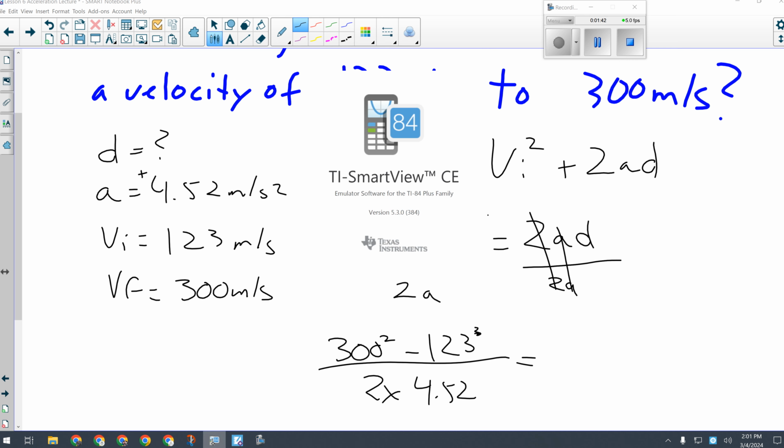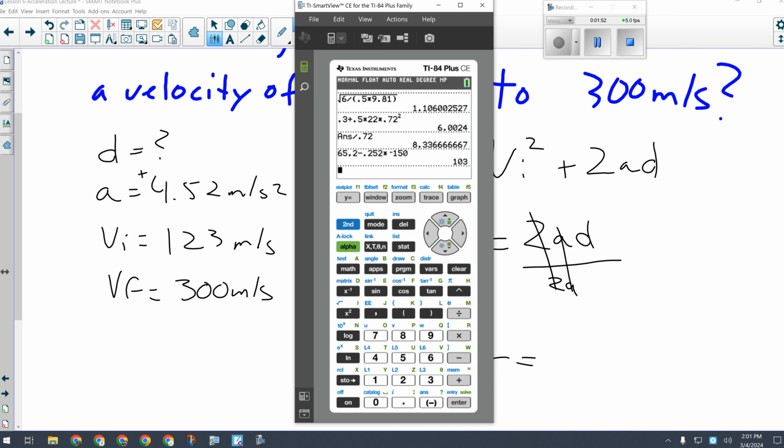You do need to enclose the addition subtraction operation in brackets. Otherwise, your calculator will do order of operations, and that will mess up the calculation royally. So you do need to indicate to your calculator that 300 squared minus 123 squared needs to be done first, and then divide that by 2 times 4.52.